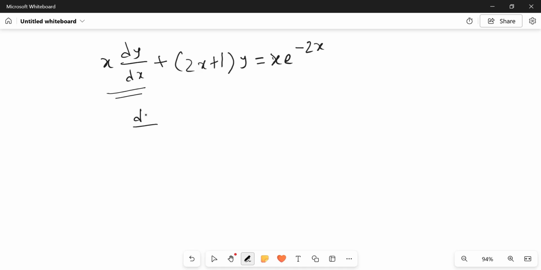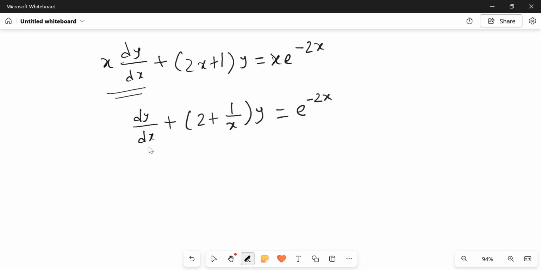So divide both sides by x, we get dy by dx plus (2 plus 1 by x) y equal to e to the power minus 2x.